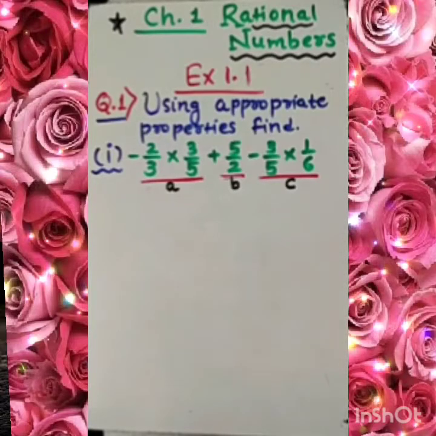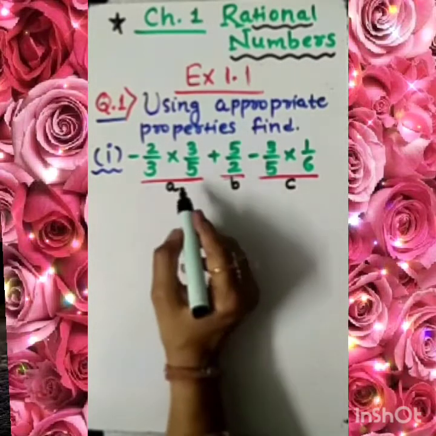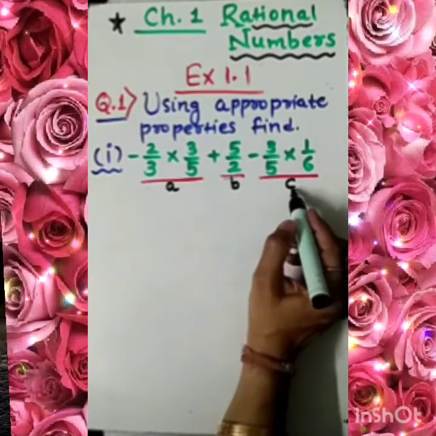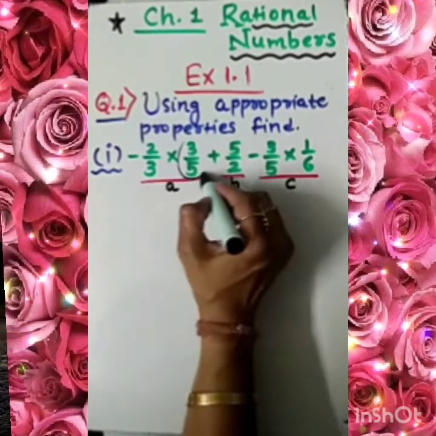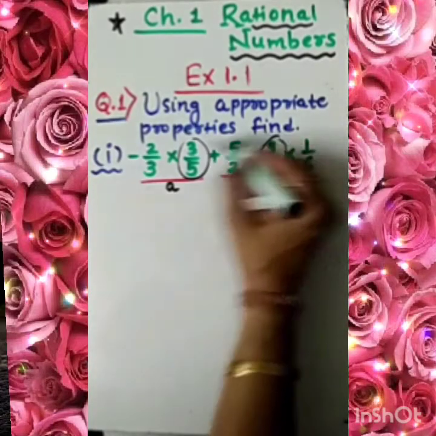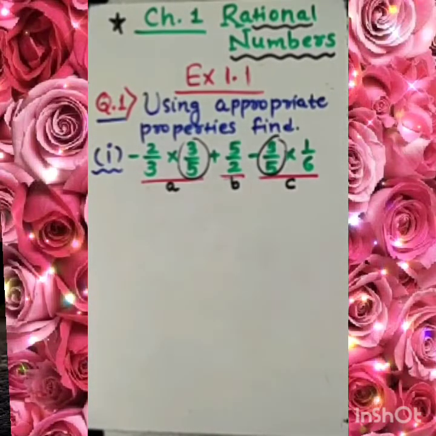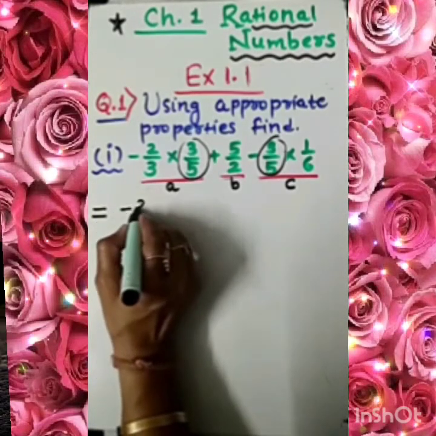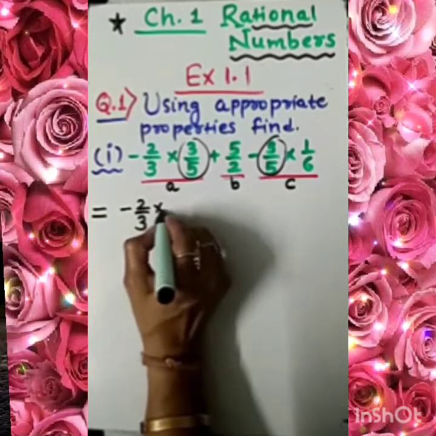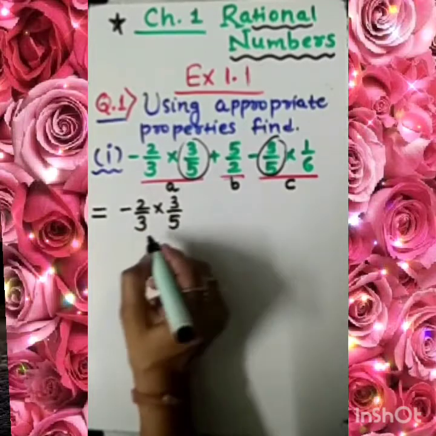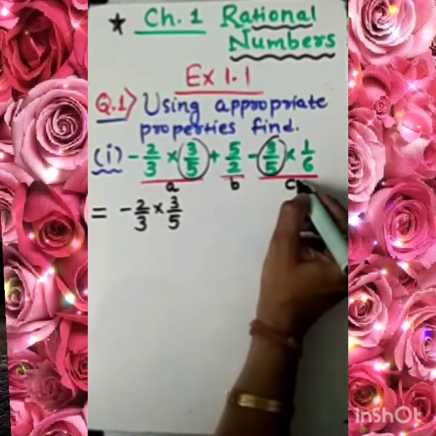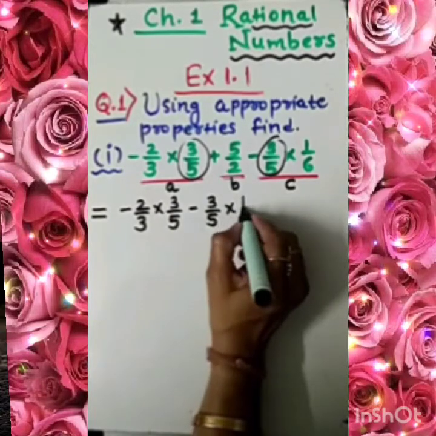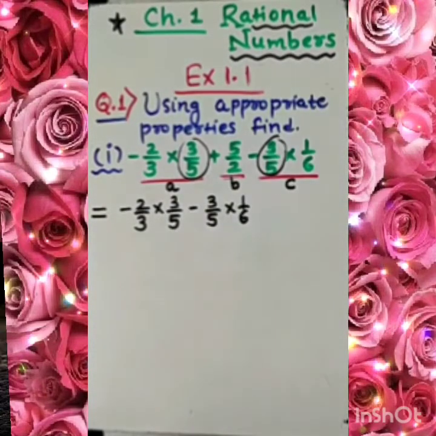Of course, you will say, ma'am, in term A and in term C, 3 by 4 is common in both of these terms. Agree? So what am I going to do now? Next step, equal to sign, minus 2 by 3 into 3 by 4. This is the first term A, and the C term I am going to write together with it.